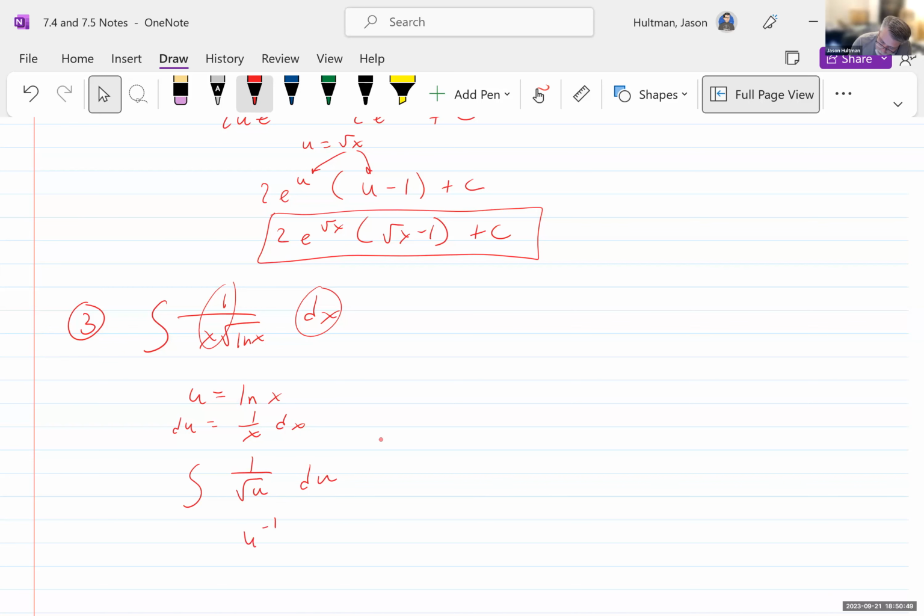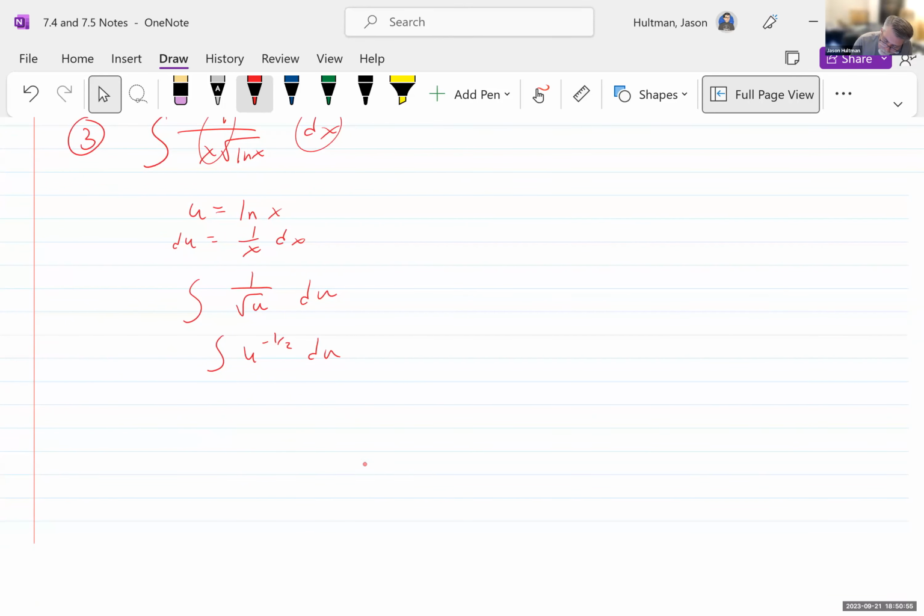So this becomes u to the negative 1/2 du, integrate. If I add 1 to the exponent, then that becomes u to the 1/2, divided by 1/2, plus c. Well, dividing by 1/2 is the same as multiplying by 2. So this is 2u to the 1/2 plus c.